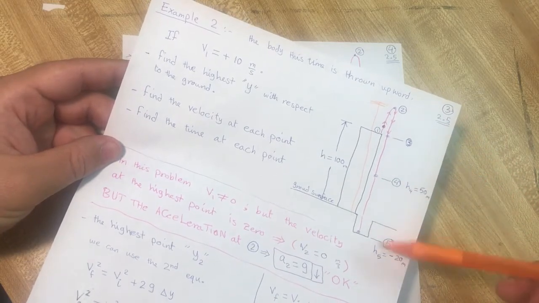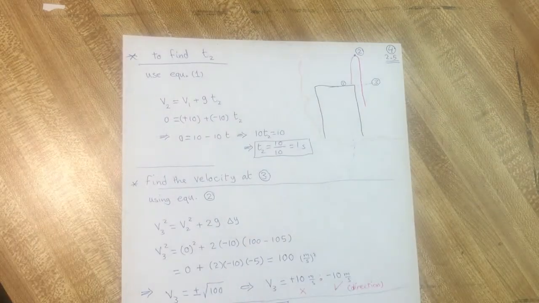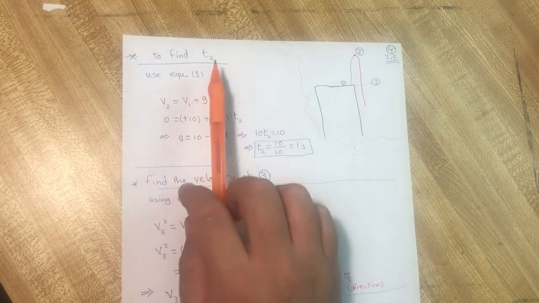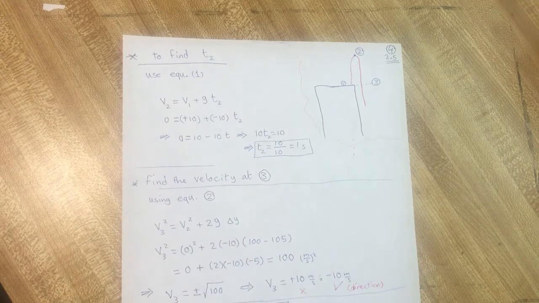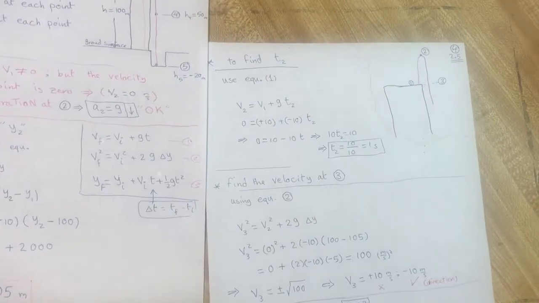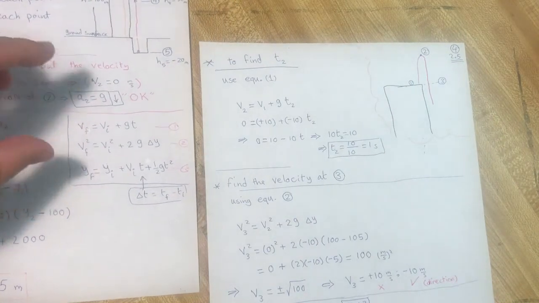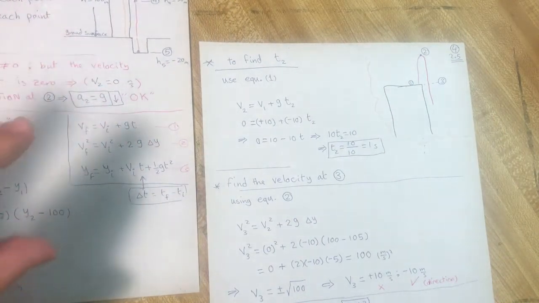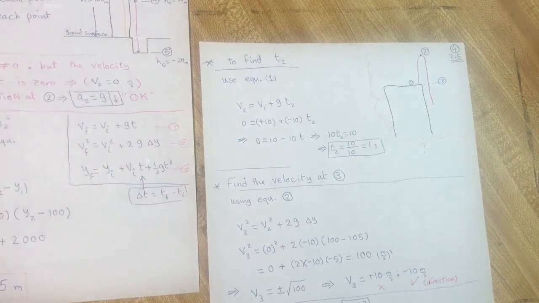It is easy to complete that, I think. At point number 2 we need to find the time. Now these are the equations. I don't know them by heart yet, so I write them on a paper and then I use them always. I cheat from them always.